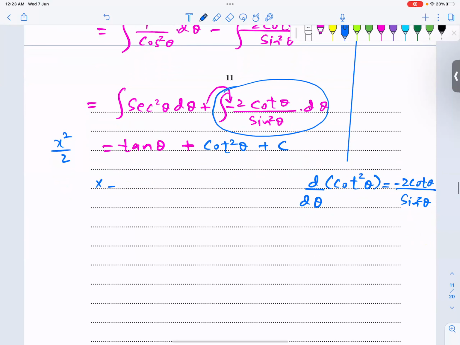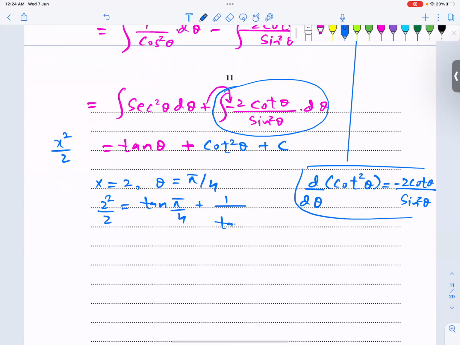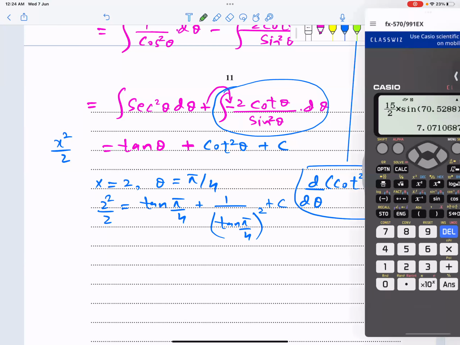Now the condition was x is equal to 2 when theta is equal to pi by 4, as you can see at the start. So 2 square over 2 is equal to tangent of pi by 4, which is 45, plus 1 over tangent of 45 whole square, plus c. Tangent of pi by 4 is actually tangent of 45, and you can use the calculator.